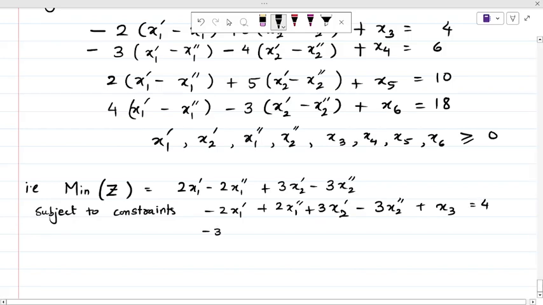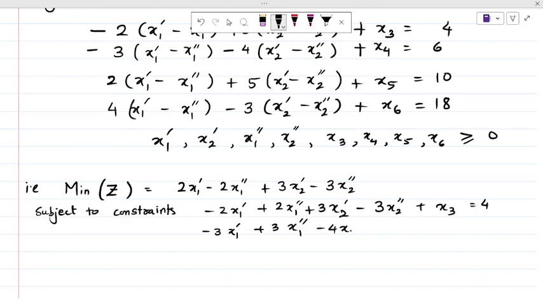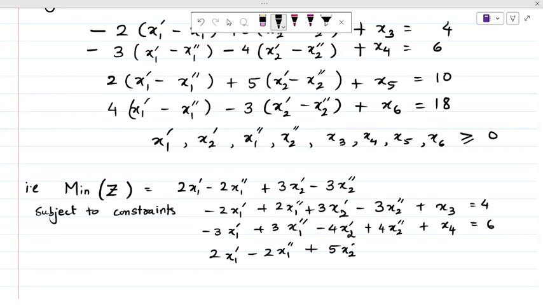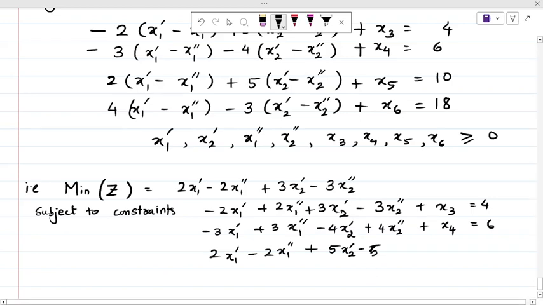Then -3x1' + 3x1'' - 4x2' + 4x2'' + x4 = 6. Then here it is 2x1' - 2x1'' + 5x2' - 5x2'' + x5 = 10.